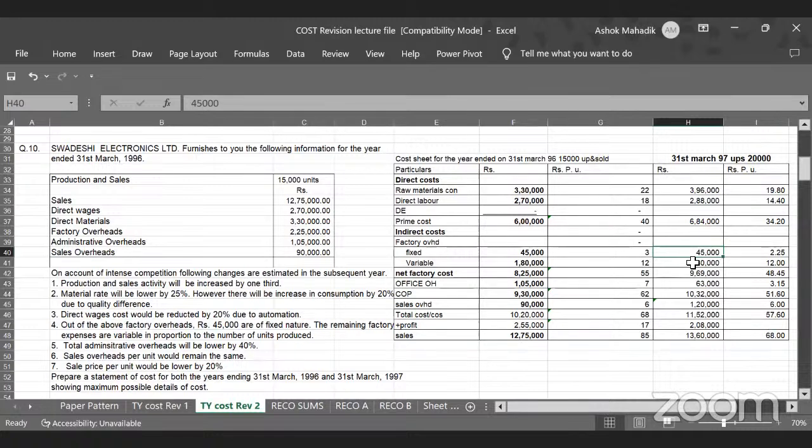Out of the above factory overheads, 45,000 are fixed, so it remains fixed. The remaining factory expenses are variable in proportion to the number of units produced. So it will depend on per unit. What was the per unit last time? 12. So this time also you take 12, but you multiply with the new units produced value, that is 20,000. Clear?